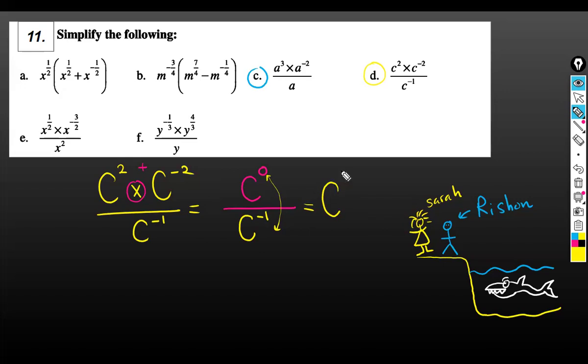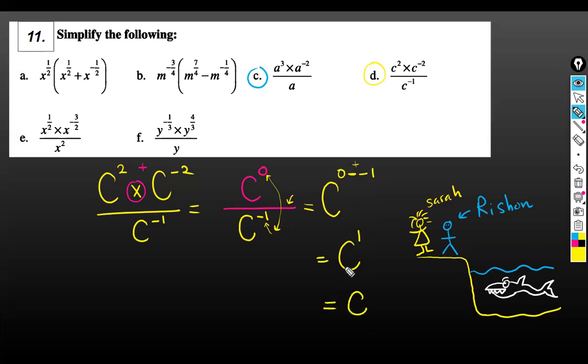So you put back the c, because both of them have the same base. The top is 0. Divide means to do what with the powers? Minus. But what's underneath? A minus 1. So you end up with 0 minus minus 1. When two minus signs touch, you get a positive. How much is 0 plus 1? Positive 1.